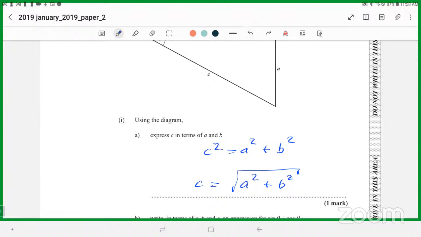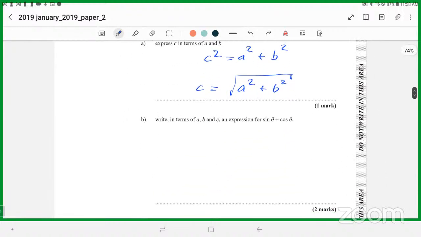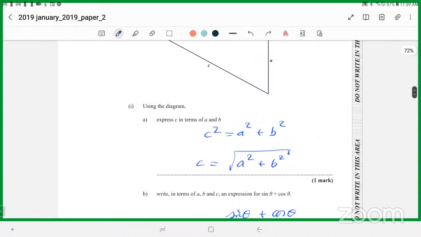But let's continue. Then it says now, write in terms of A and B an expression for sine theta plus cos theta. So let's write it out. Sine theta plus cos theta would be equal to, what would be the sine theta? Sine is opposite over hypotenuse.